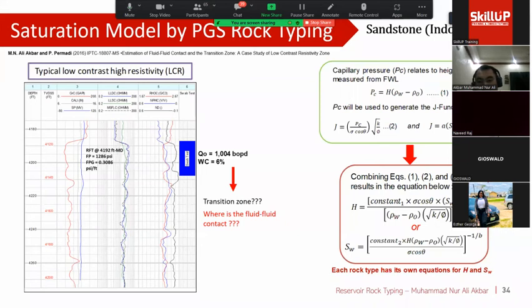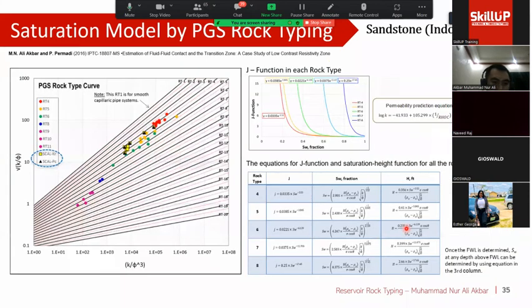By substitution of this equation, we can predict the height from the contact and also the irreducible water saturation itself as a function of the J function. So, for example, in our core data, several rock groups were created, which is 5 rock groups.